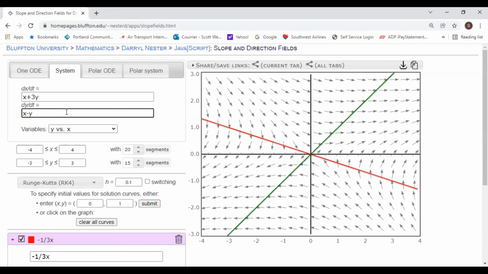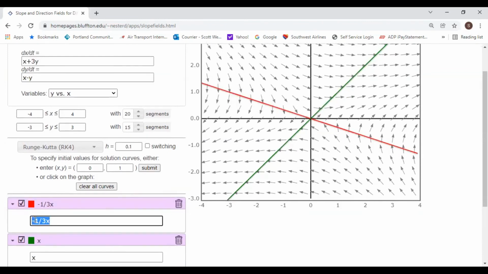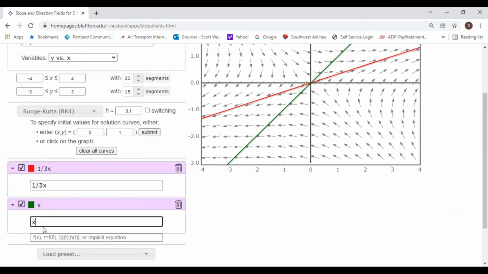And now for our two straight lines, looks like we had for x1, 3 for x, 1 for y, so that means positive 1/3 for the slope. And for the other one, for x2, we had -1, 1, so that's just going to be -1.